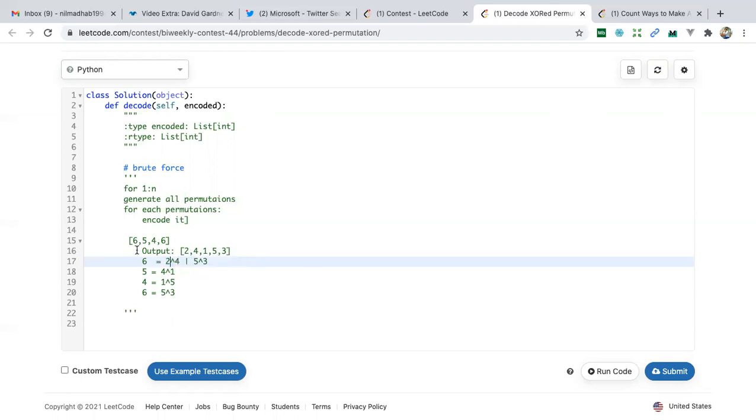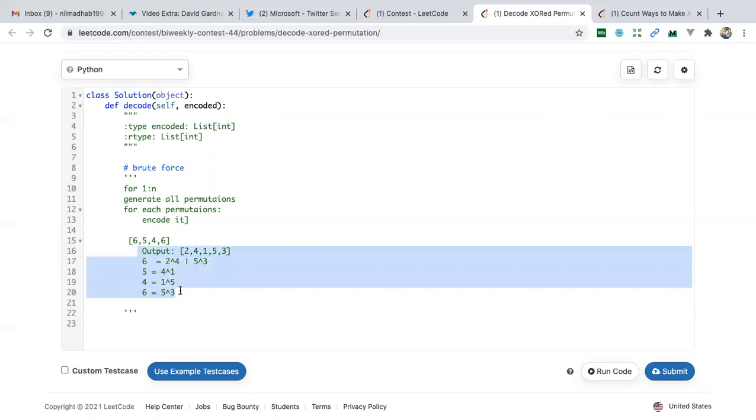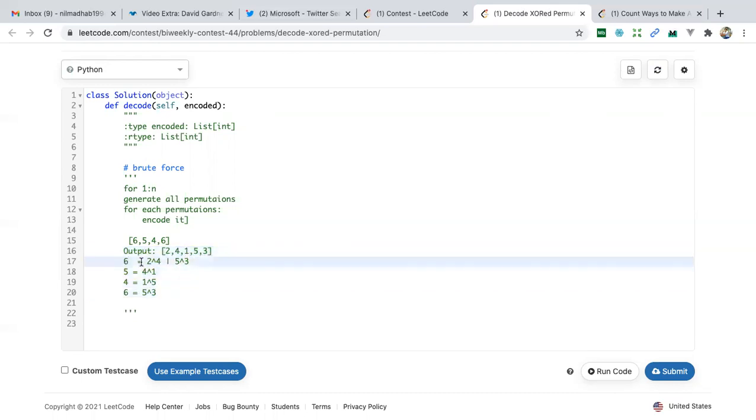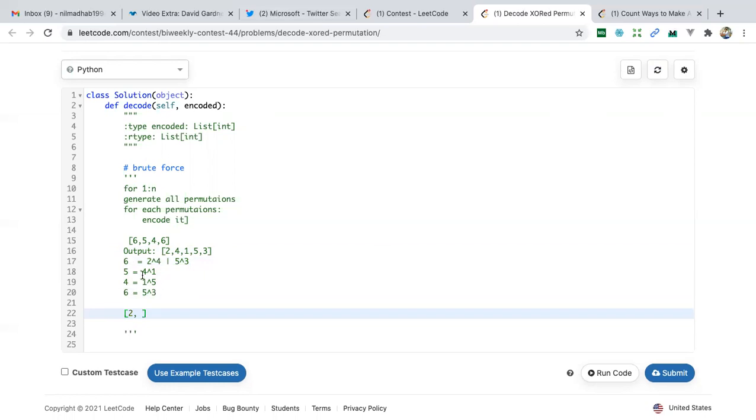Getting what I'm trying to say? Yes. 6 can be generated by 2 and 4, and by 5 and 3. So you can try with 2 first, then 5 is 4 and 1. So 4 and 1, then we have 1 and 5, and then 6 can be generated by 5 and 3. So we have only one possibility that works.